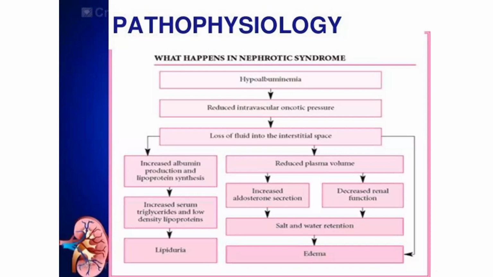Liver tries to produce more albumin to compensate for it, but along with it, it also starts producing more lipoprotein, leading to increase in serum triglycerides and low density lipoprotein, leading to lipiduria and hypercholesterolemia. Similarly, loss of fluid into the interstitial space, reduced blood volume, increased aldosterone secretion, decreased renal function, salt and water retention, leading to edema.